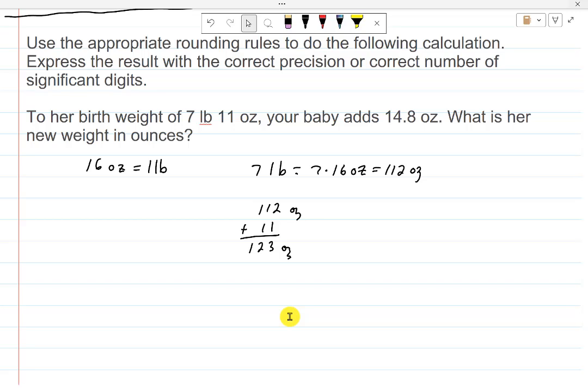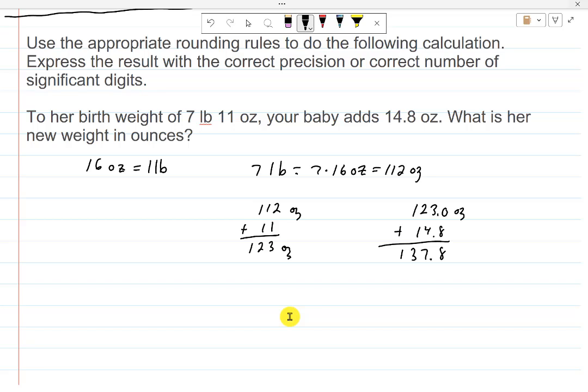To get the total weight, we'll take the 123 ounces and I'll add to it the 14.8 ounces. I'll put a 0.0 to make that compatible. And it looks to me like I'm going to get an 8 here, 3, 7, 3, 1.